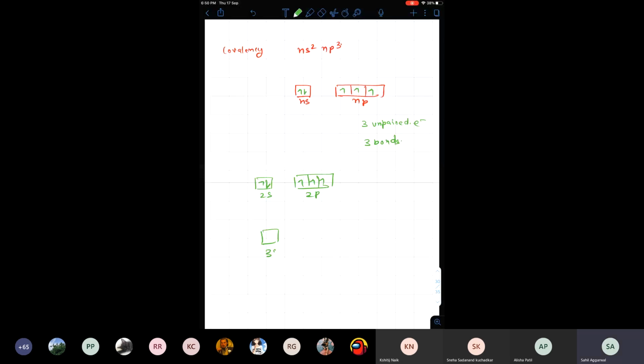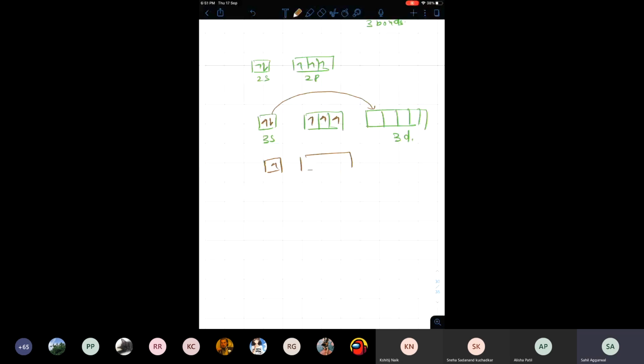If this electron excites to here, then we can have 5 unpaired electrons, and we can form 5 bonds. But second period elements do not have d subshell.